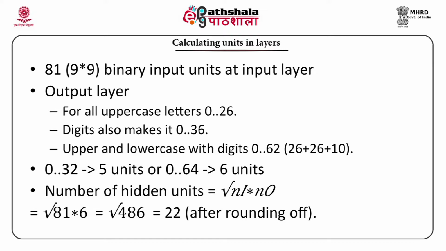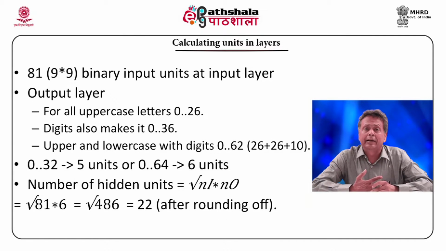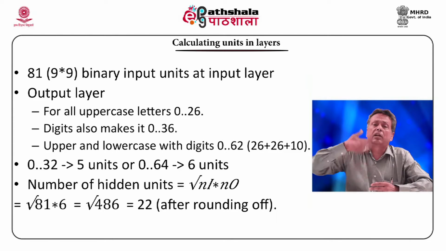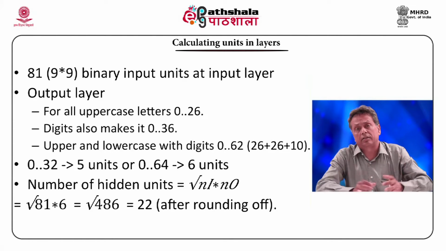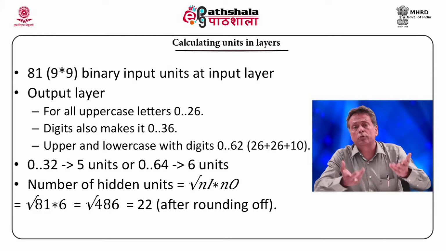It begins with 81 as 9 into 9 total inputs. Every input of A will be 9 into 9, total 81. So, that is x1 to x81 information provided. Every A contains 81 inputs. Obviously, I want to identify not only A, but if I am interested in finding all uppercase letters, it is A to Z, that means 26.